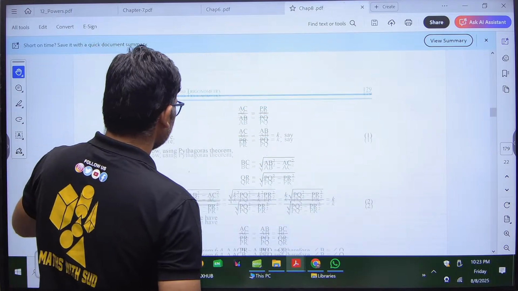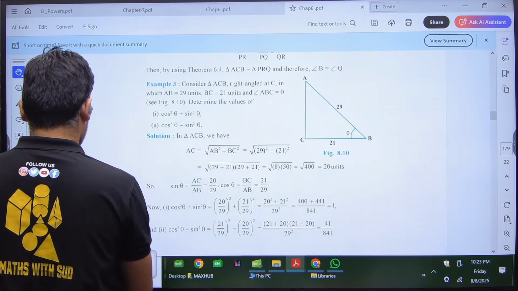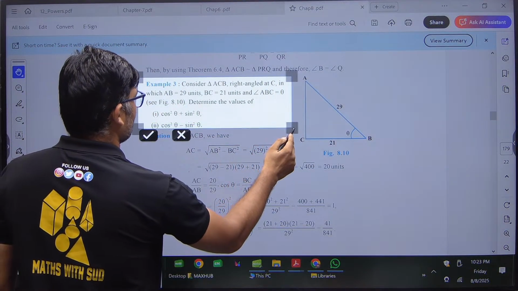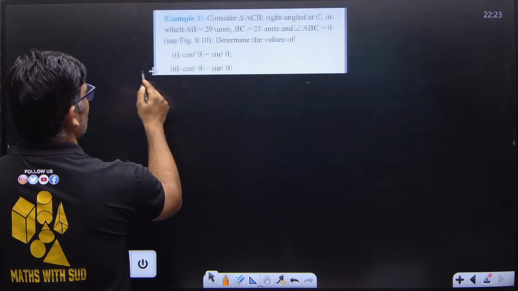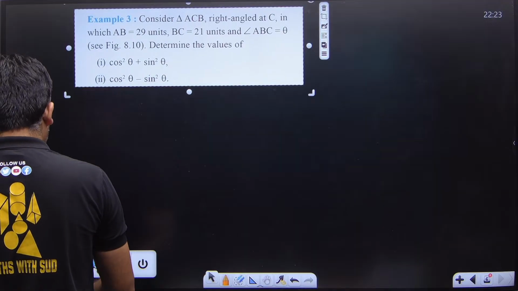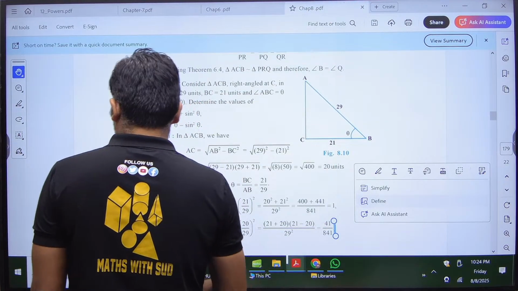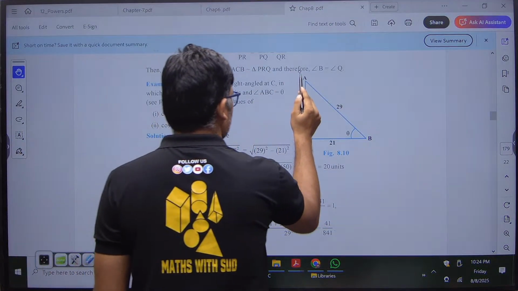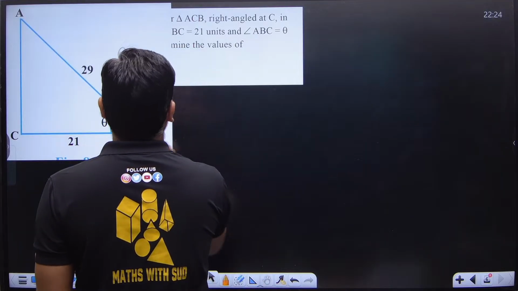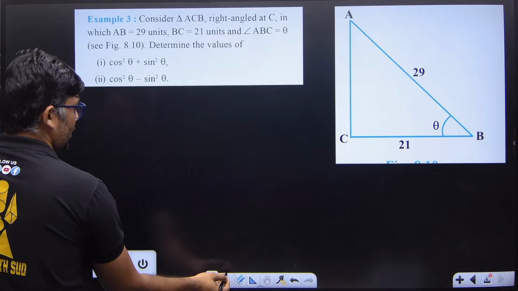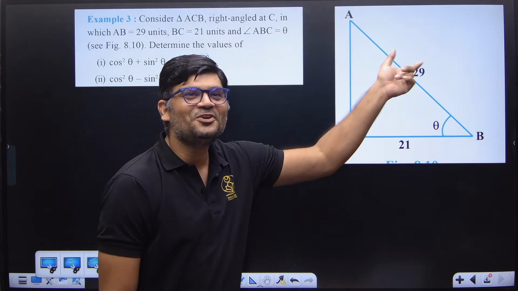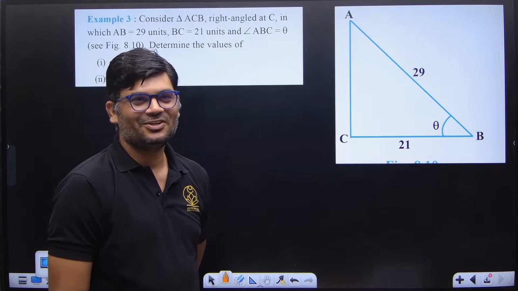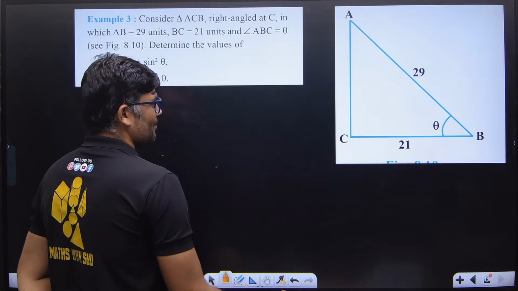Moving on to the next question. Consider a right angle triangle ACB, which is right angle at C. If the sides are 21 and 29, what could be the third side? 20.